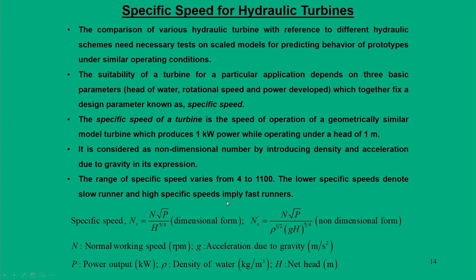The next segment of the topic of our discussion is the specific speeds. Now, we know all types of turbines, mainly Pelton wheel, Francis turbines, propeller and Kaplan turbines, and we know their working conditions and velocity triangles. But when these turbines are supposed to be used, their models have to be tested effectively.